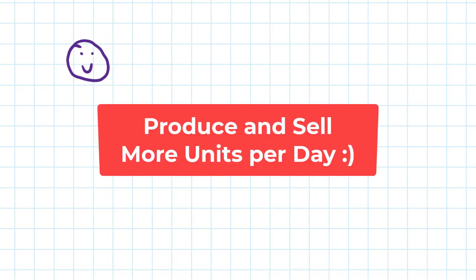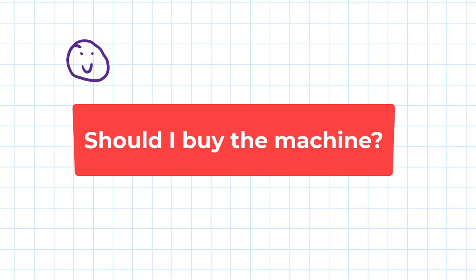This is going to save time and allow me to produce more instruments per day. I need to make a decision, should I buy this machine or not? And we will use the tool of net present value to help us make this decision from the financial point of view. Let's now dive into NPV.